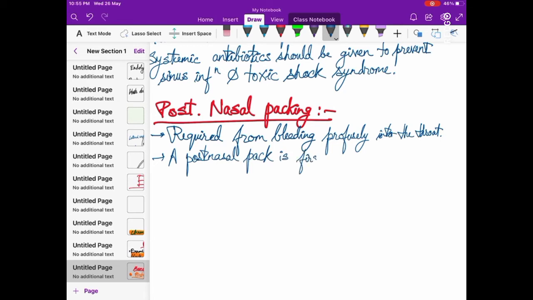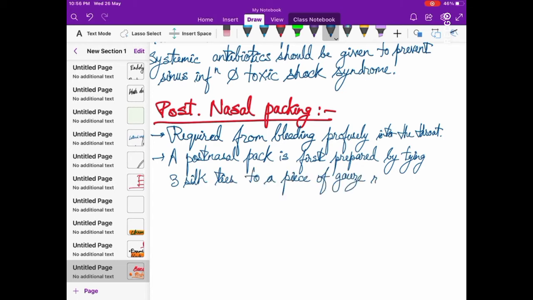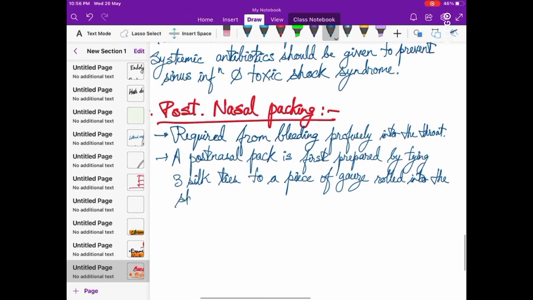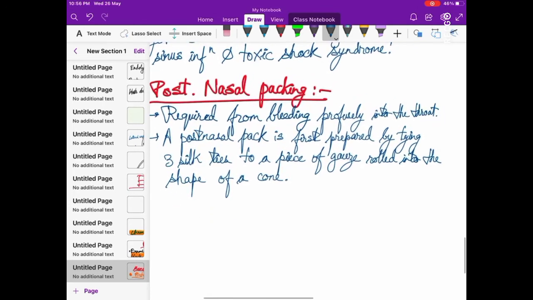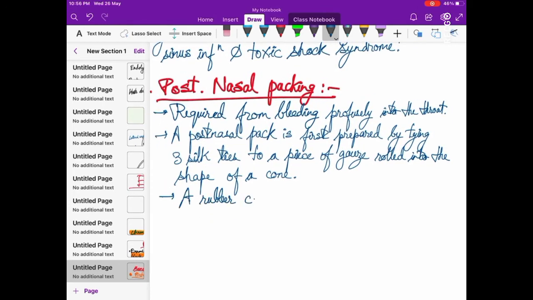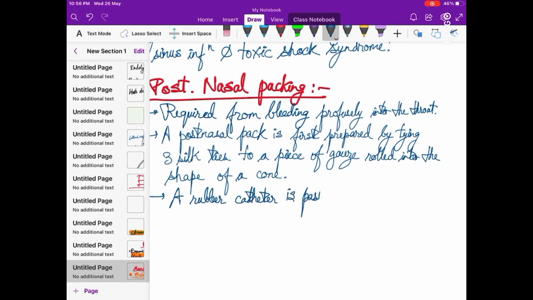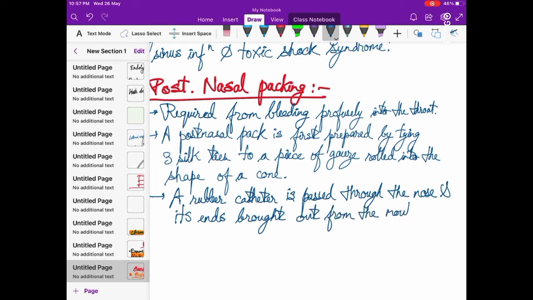A postnasal packing is first prepared by tying three silk ties to a piece of gauze rolled into the shape of a cone. A rubber catheter is passed through the nose and its ends are brought out from the mouth.